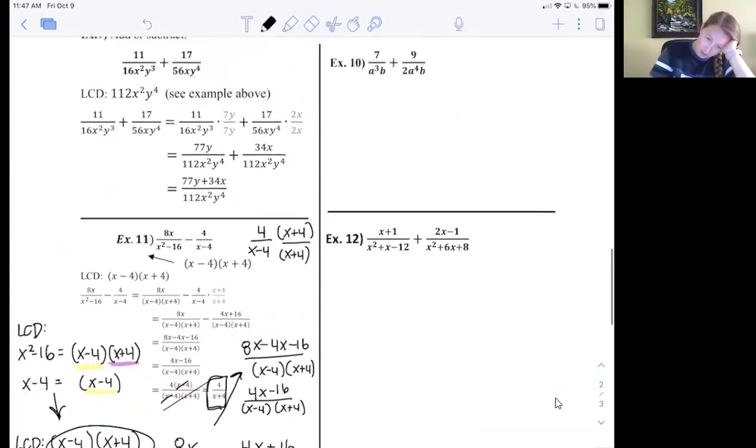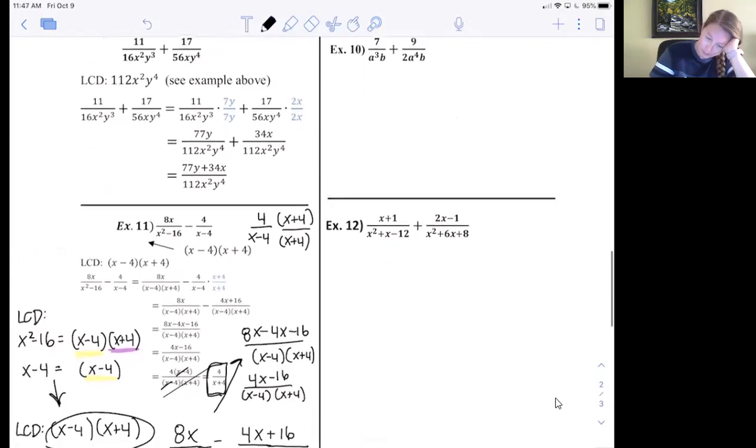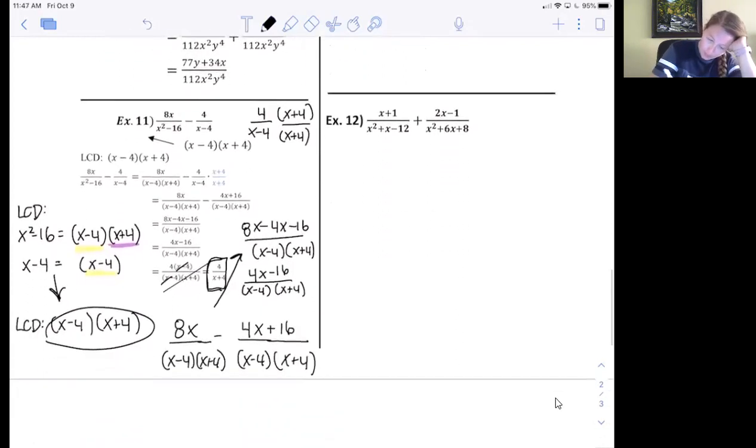Okay, let's do example 12. So my first step, my denominators aren't the same, so I need to find the LCD.